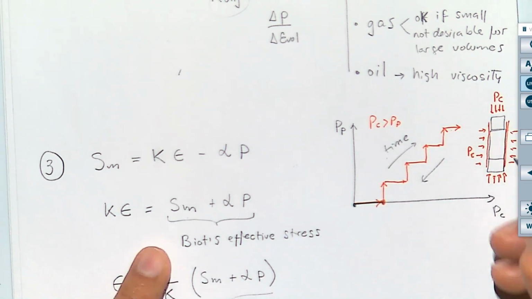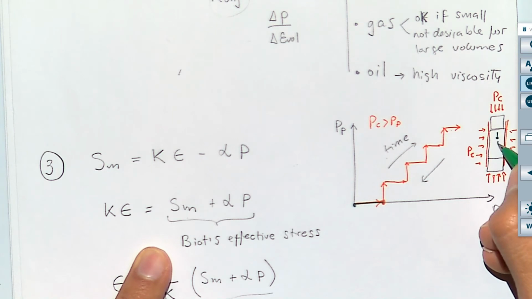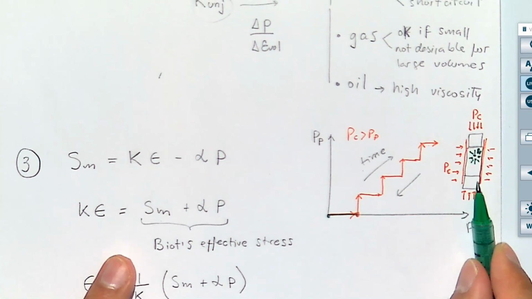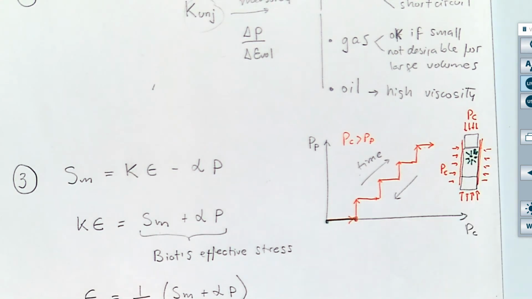And inside here, you can change your pore pressure. I'm not drawing here the tubing necessary to get into the rock. I'm going to draw it later, but you can control your pore pressure inside.